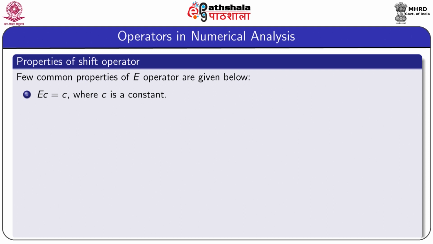Like the forward difference operator, the shift operator also satisfies many interesting properties. The first one: E of c, where c is any constant, equals c, that means it remains unchanged. Again, E of c f(x) equal to c E of f(x), that means there is no effect of the shift operator on the constant c.